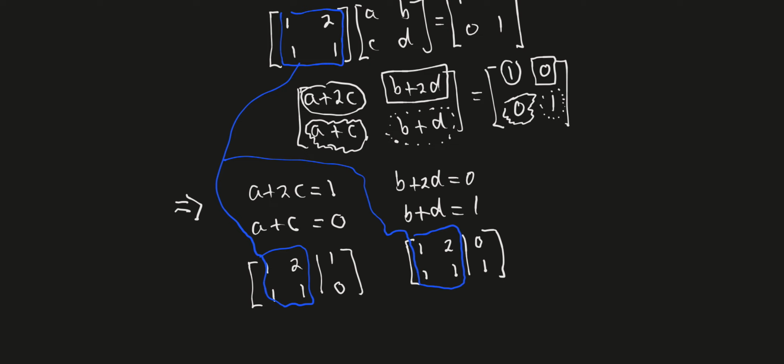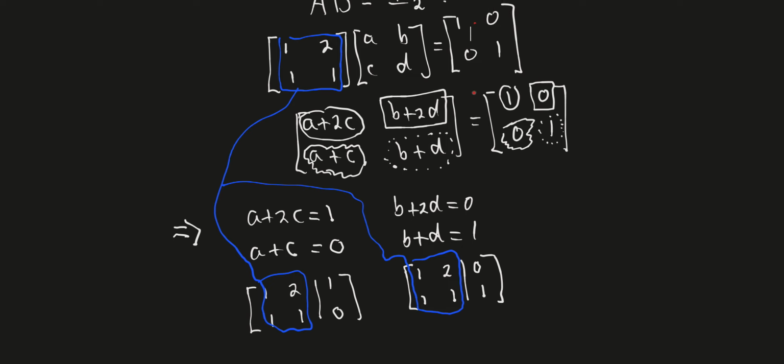And then here's the other remarkable piece. This column, let me scroll back up just a little bit. This column, so the first column in the identity ends up over here, and then the second column in the identity ends up over here.